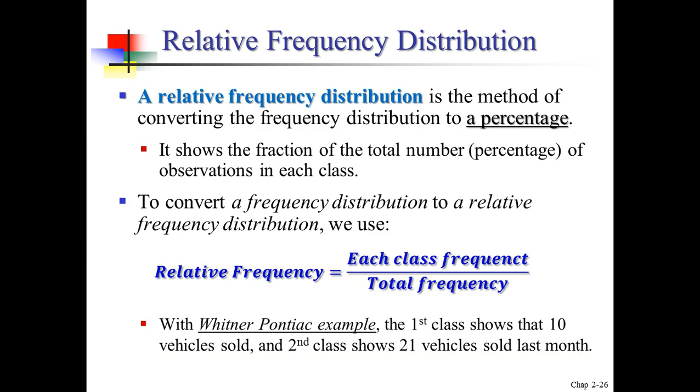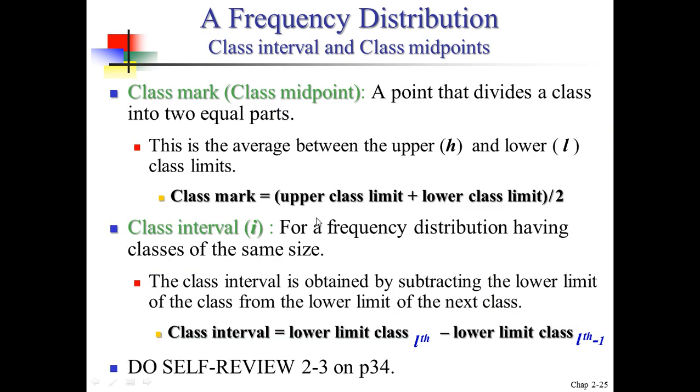Now we already looked at class midpoint and class interval. But remember, I remind you, this is only when you have a table of frequency distribution. If you don't have a table, or the table is not given to you, you cannot use this formula to find class mark or class interval.